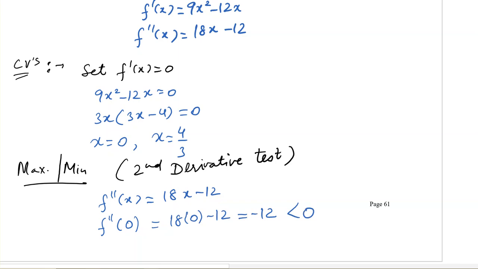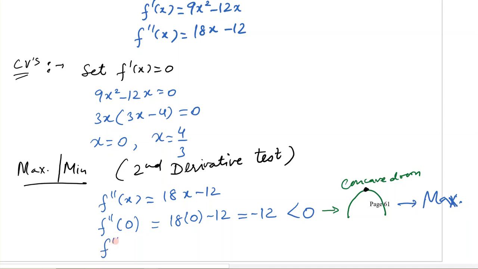The second derivative negative means concave down, right? So concave down means we get a maximum at this point.